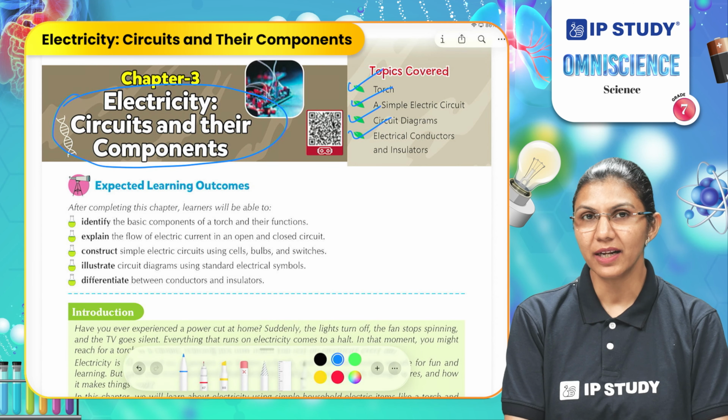Then the current passes through the cell from positive to negative terminal, and after the first cell another cell is arranged. How is it connected? The positive end of the second cell is connected to the negative end of the first cell, and then the current is going towards the negative terminal.